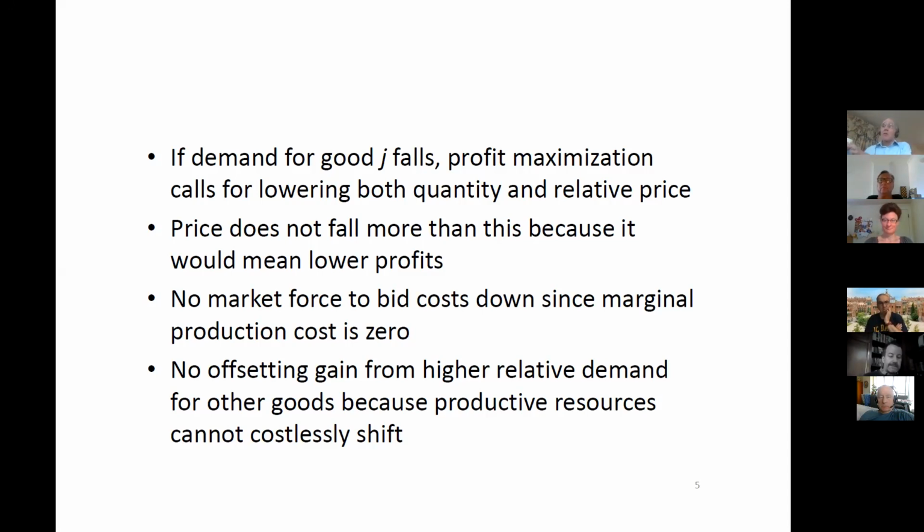But if there's a change in the configuration of demand, output has to fall because you're not optimized resources to produce this new mix that people want, and you can't costlessly shift your specialized resources. And so it's a different notion of potential output from the usual one. It's going to operate at an aggregate level, but the source of it is very much micro.